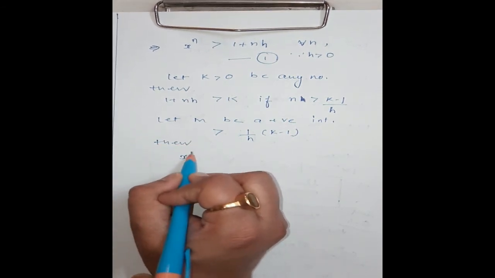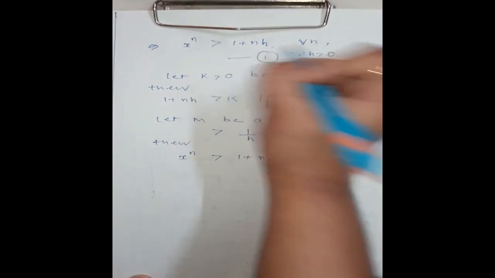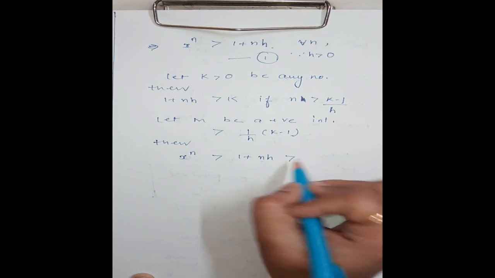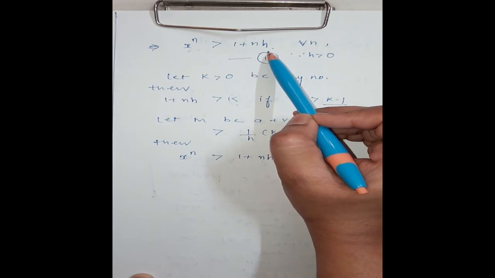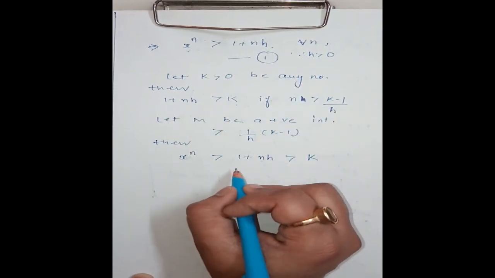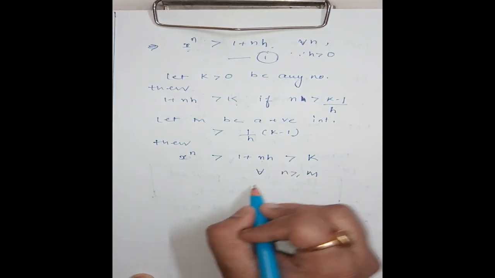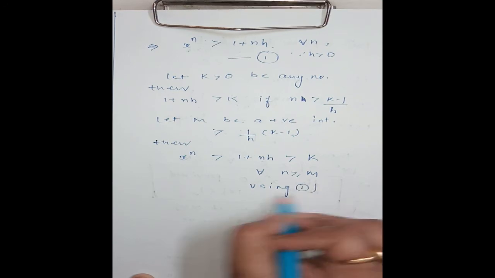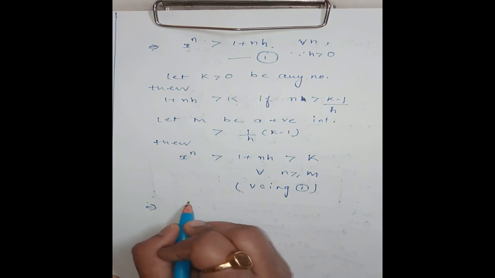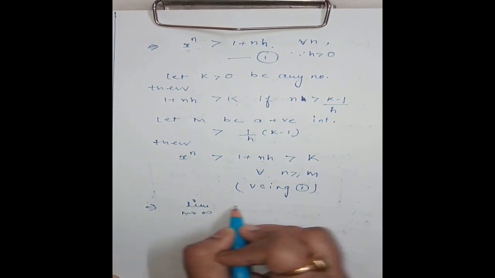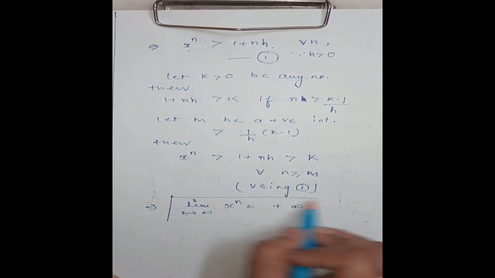Then x to the power n is greater than 1 plus nh, which is greater than k, for all n greater than or equal to m using 1, and this will imply limit n tending to infinity x to the power n is equal to plus infinity. Clear?